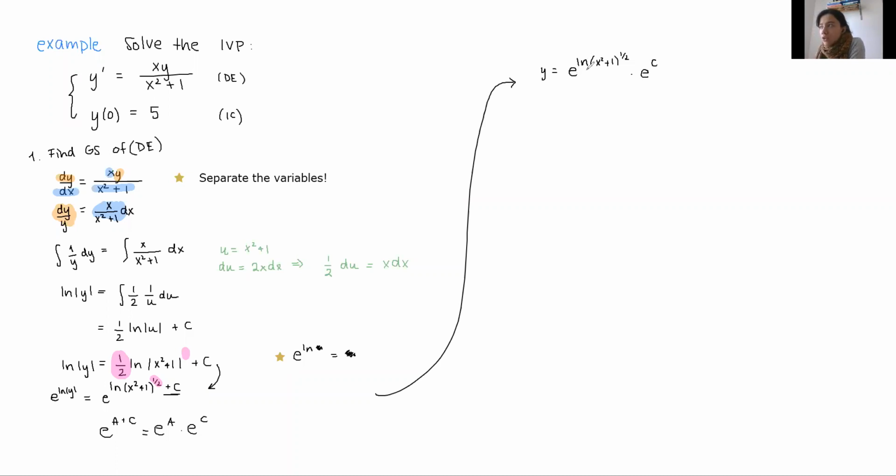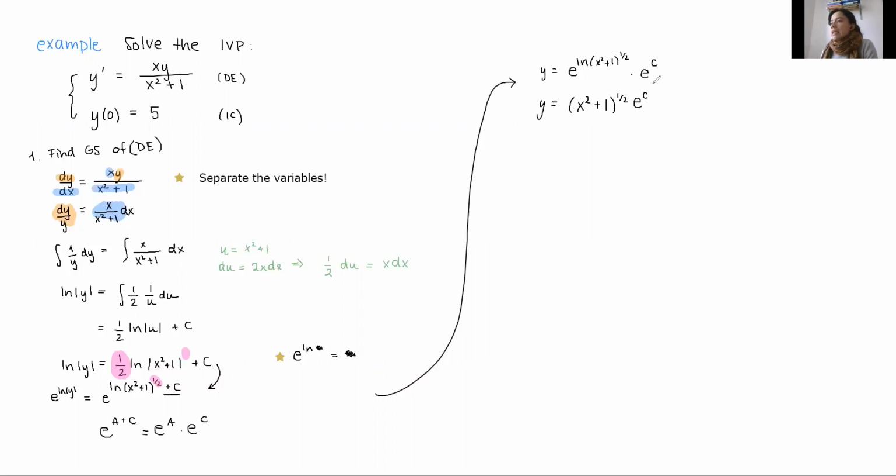So the exponential and the logarithm, I can now cancel them out, and I get that y is actually equal to e to the c times (x squared plus 1) to the power of 1/2.